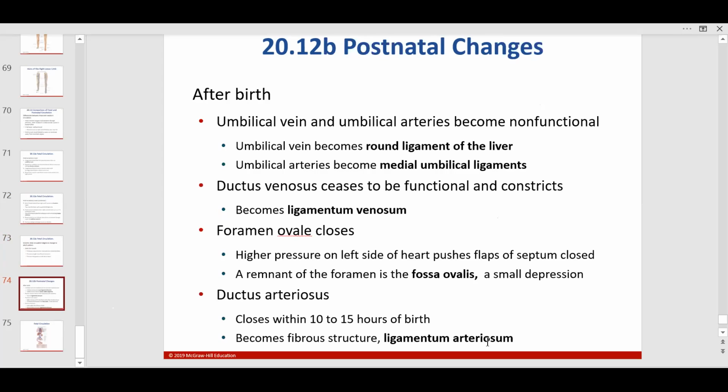It's a ligament after you're born, but it's actually a duct before that. So that's called the ductus arteriosus in a fetus, allowing the deoxygenated and oxygenated blood to mix between the pulmonary trunk and the aorta. After you're born, it becomes a ligament, connective tissue, the ligamentum arteriosum.